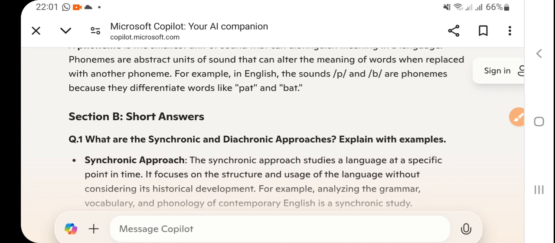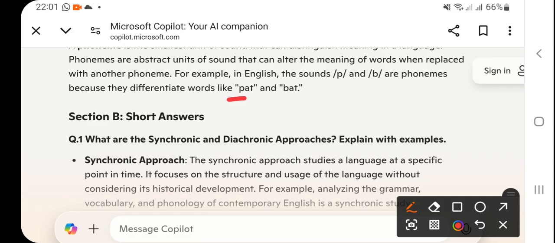For example, in English, P and B are phonemes because they differentiate words like pet and bed. The first sound is the phoneme. All 44 sound symbols are phonemes because they are distinguished and the smallest unit of sound. This is called a meaningful unit, called a phoneme.